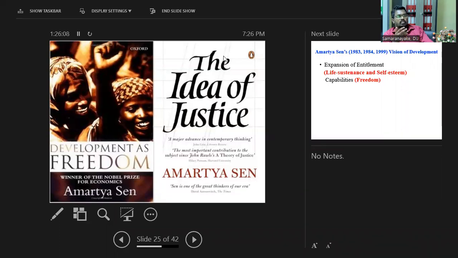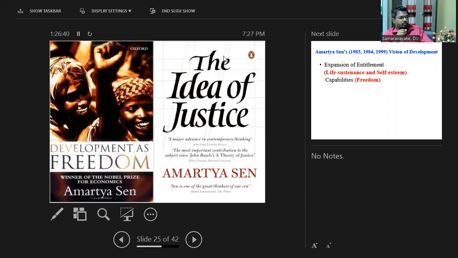He studied a lot about the Indian version. So we may learn a lot of things from these books because Sri Lanka has a lot of similar values with India. If you get a chance, I'm sure these books are available in the library, but if you cannot reach the library, try to find these books somewhere and read them. They are really important books to learn about development, right?